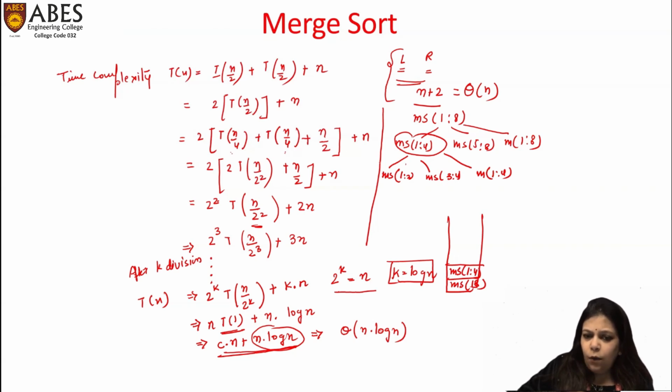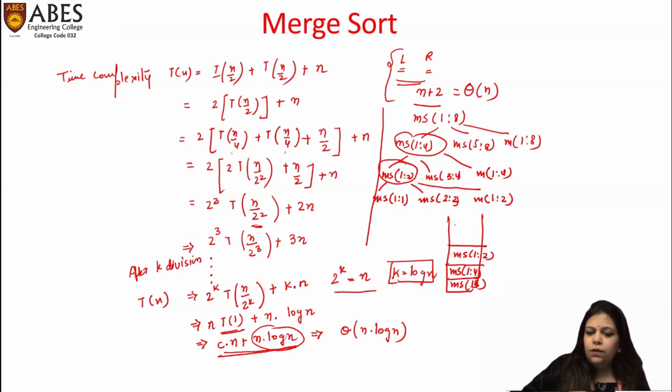So now the call merge sort 1 to 2 will be executed and stored in the activation record. For this again, we will have merge sort 1 to 1, and merge sort 2 to 2, and then merge 1 to 2, right?